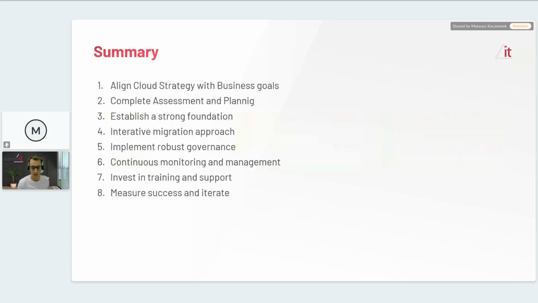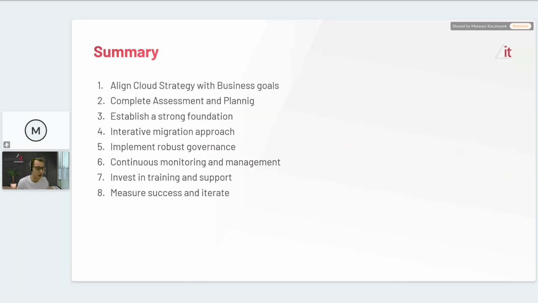So, to sum it up, let's have a moment to recap some key best practices in successfully navigating the Cloud Adoption Framework. In points, the first is to align our cloud strategy with business goals. So, to start, ensure that our cloud initiatives are closely tied to overall business objectives.